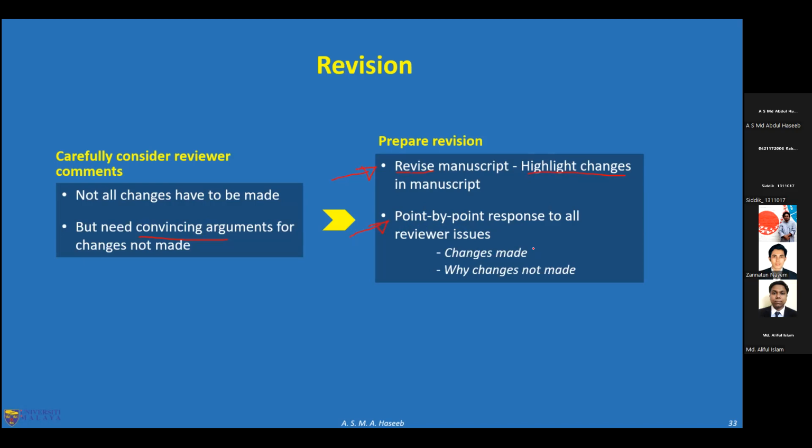There you highlight what changes were made, giving reference to the page number and line numbers in the manuscript. And if you have not made any changes, then you have to tell why. You have to convince them why you think you are correct and the reviewers are not.